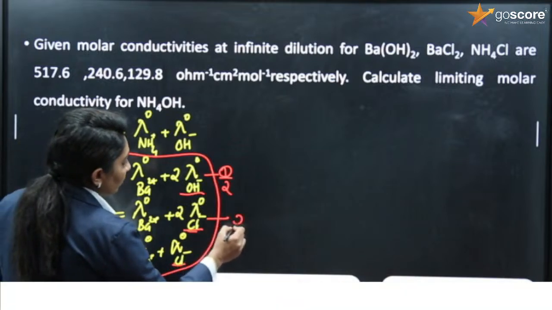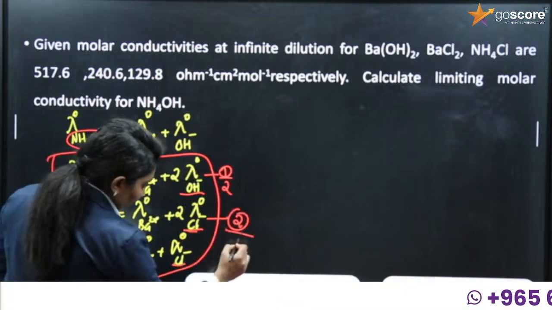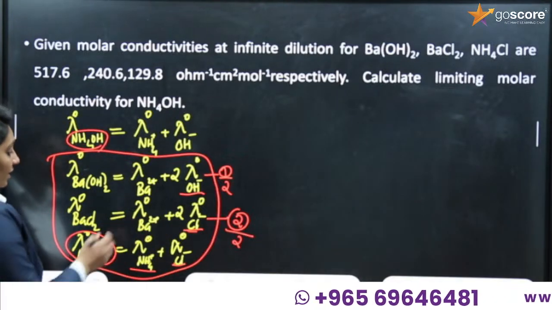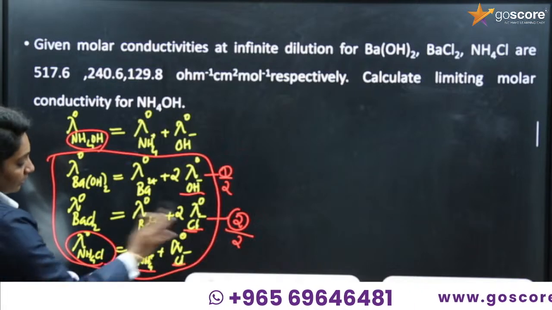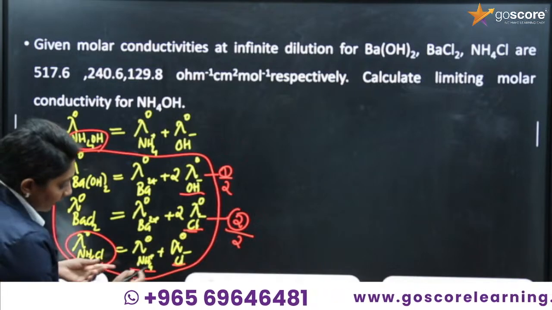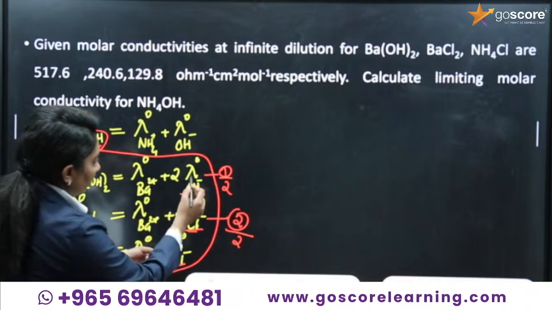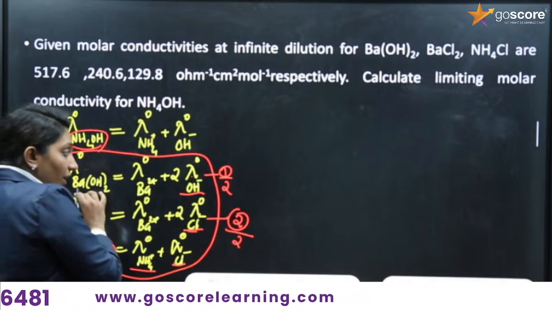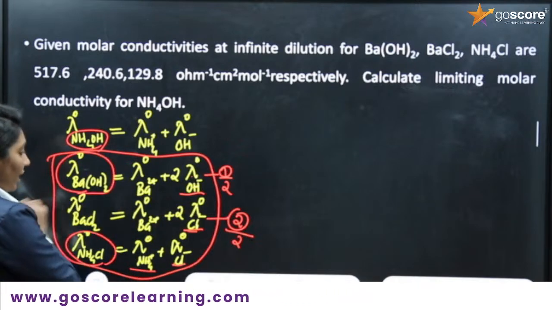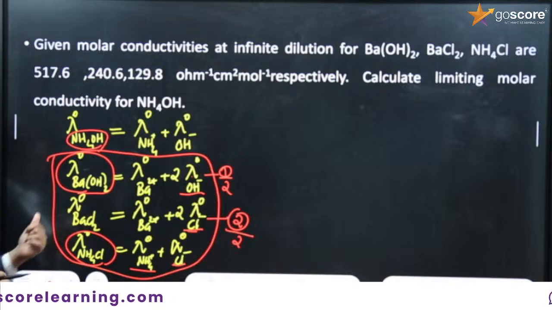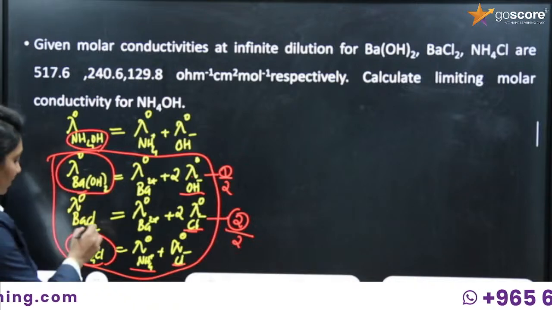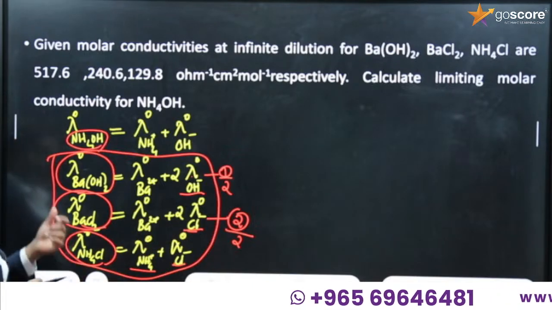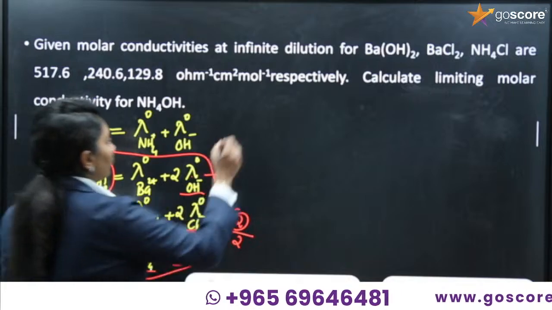For that also you want to divide this equation by 2 because there are also 2 chlorines, right? So now see NH4, this OH minus divided by 2 will give the OH value. So you have to divide this whole value. What is the value, limiting molar conductivity of OH minus by 2? And this value also you have to divide by 2 because 2 chloride ions are there, right? Then you will get the NH4OH value.